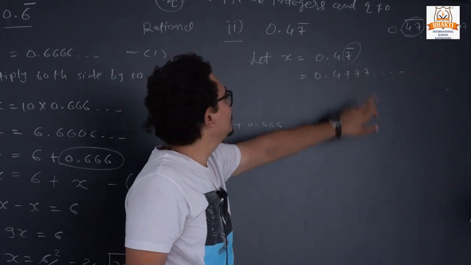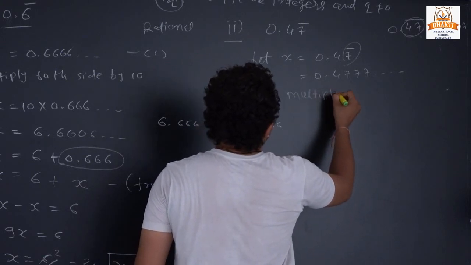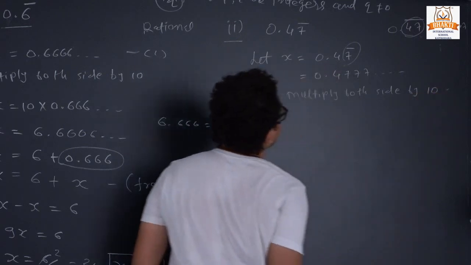So one digit is repeated, which means we can multiply both sides by 10. So once again, multiply both sides by 10.